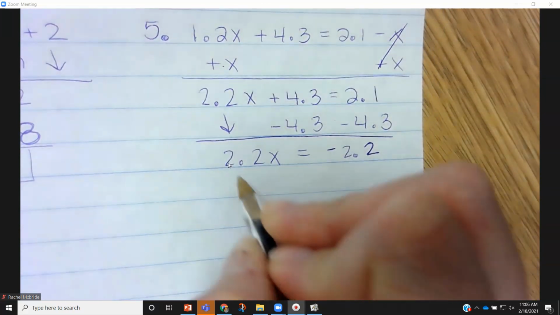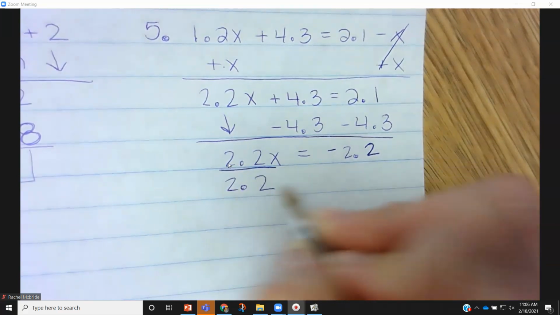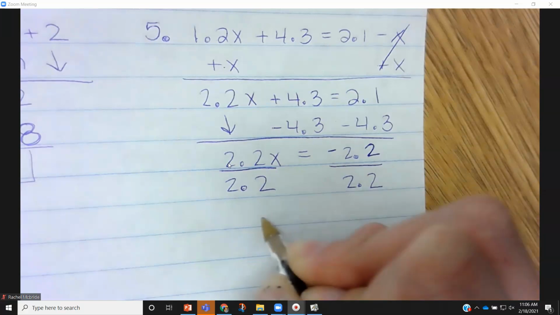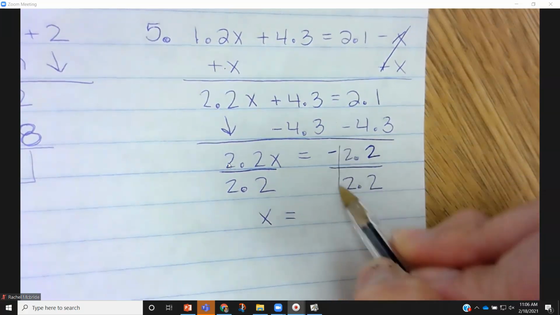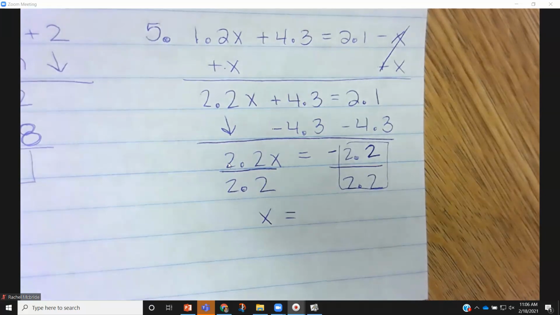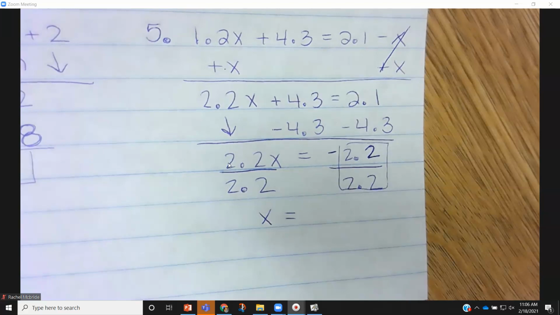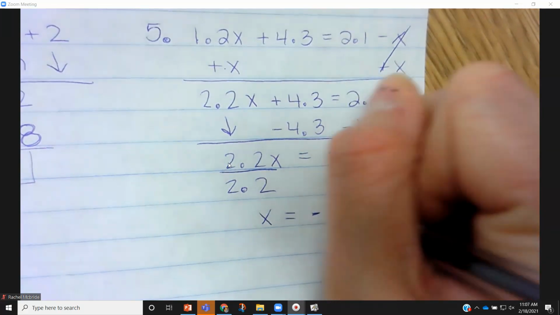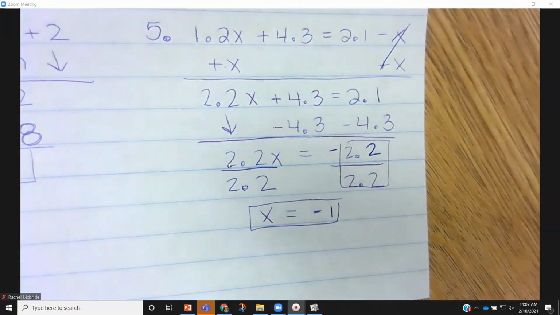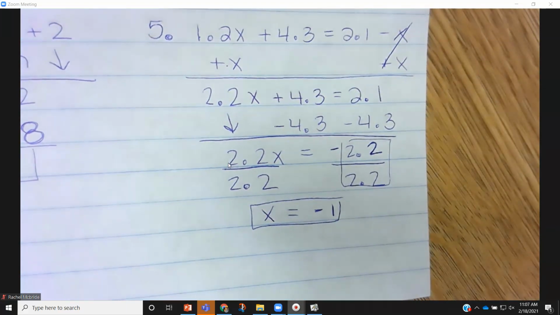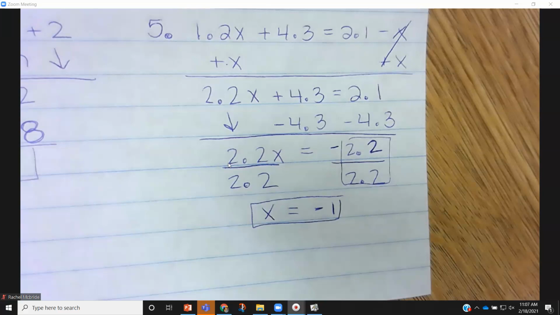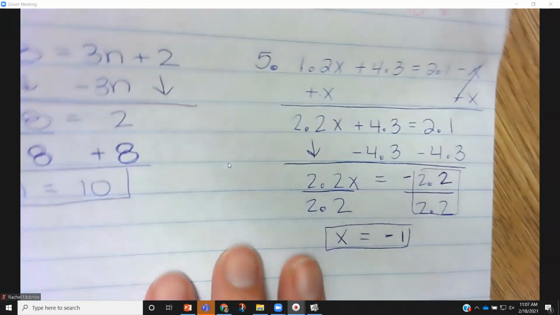Dominique? Yes, you do. And what happens when we divide the same thing by itself? What do you get, Dominique? Oh, never mind. What do you think? Yes. So any number divided by itself is 1. So 4 divided by 4, 2.2 divided by 2.2, it's 1. So x equals -1.